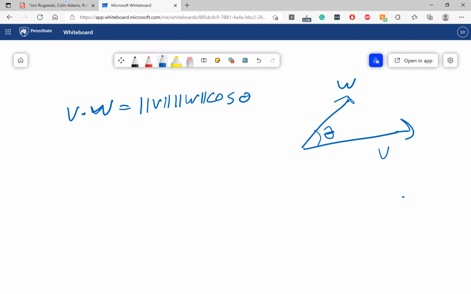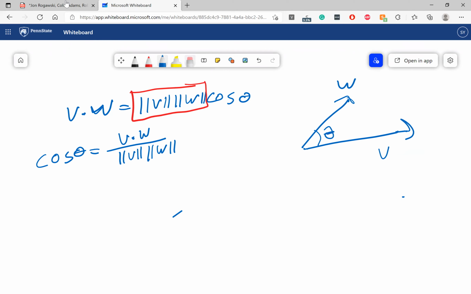So another way we can rewrite this is cosine of the angle between them. It's very important to find angles between vectors, so it would be nice to have a formula to find the angle between vectors. We can say cosine of the angle between these vectors is equal to v dotted with w over the magnitude of v times the magnitude of w. We just move this to the other side.